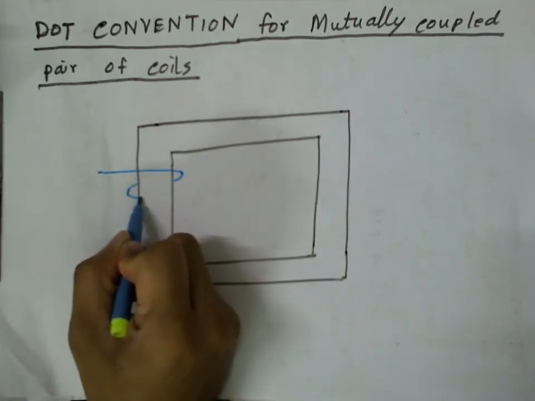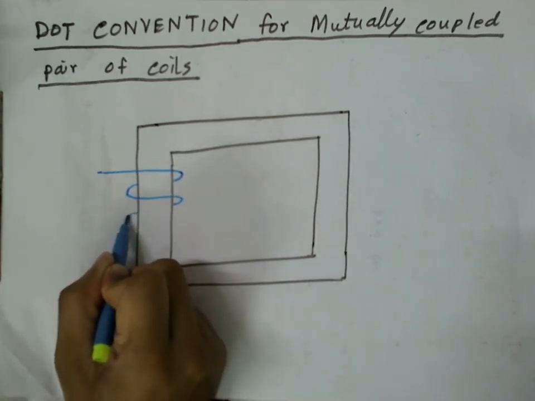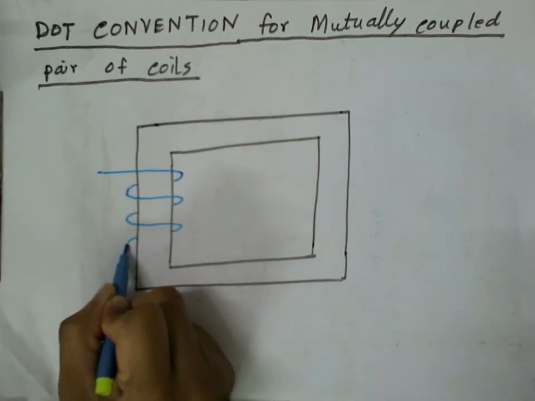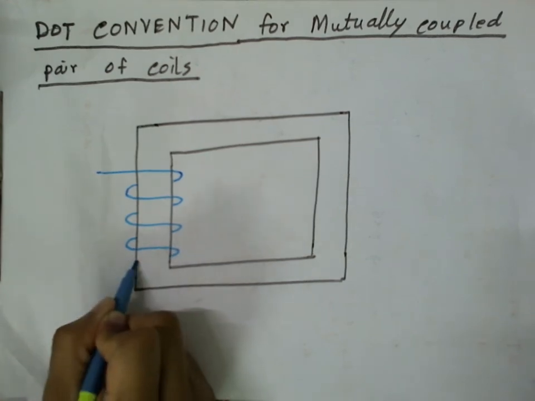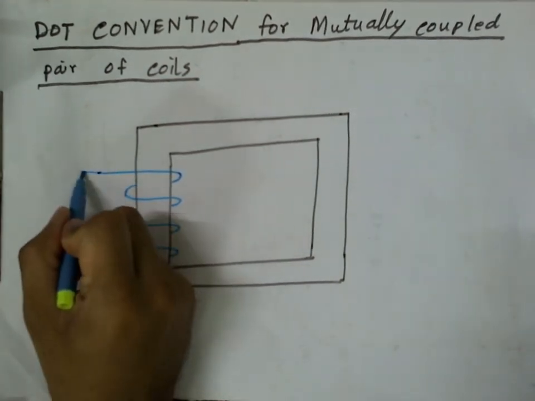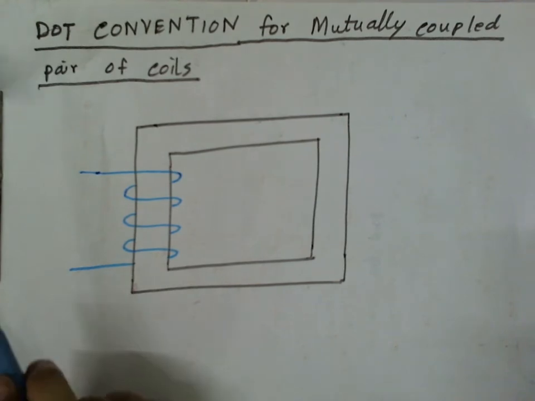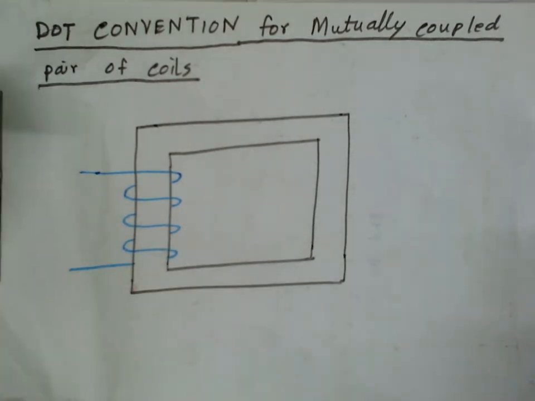It comes back and goes like this. So this is one end of this coil and this is another end of this same coil.